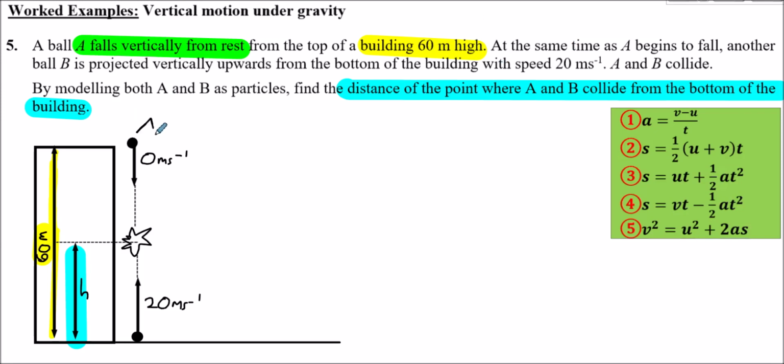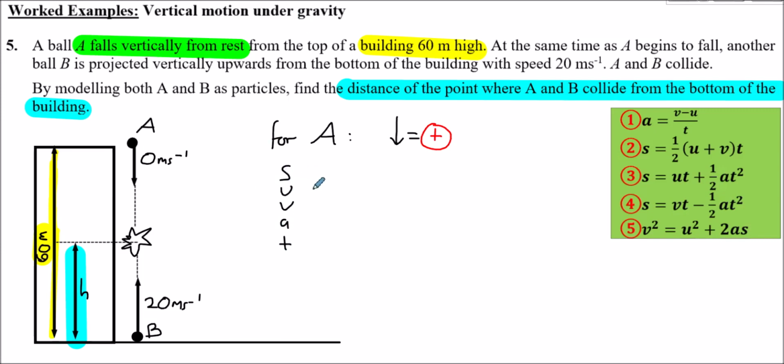Now we've got two different particles like I keep mentioning. We've got A here and B down there. So I'm going to consider separately SUVAT for both A and B. So first of all, for particle A. Now A, the first direction it's going to travel in is going to go downwards. So I'm going to say down is positive in relation for A. Let's think of SUVAT in terms of A. Now for A, its initial speed, it's falling from rest.